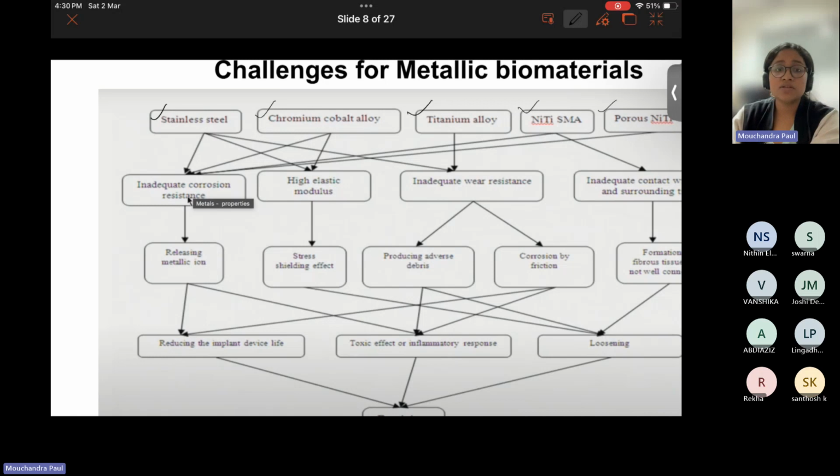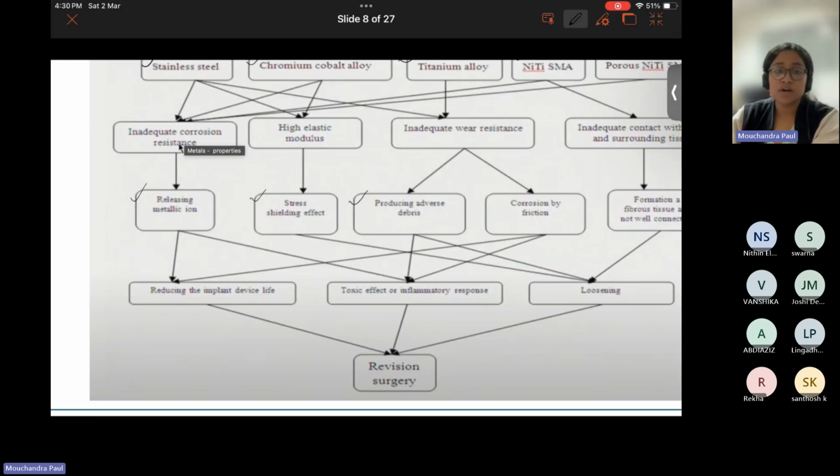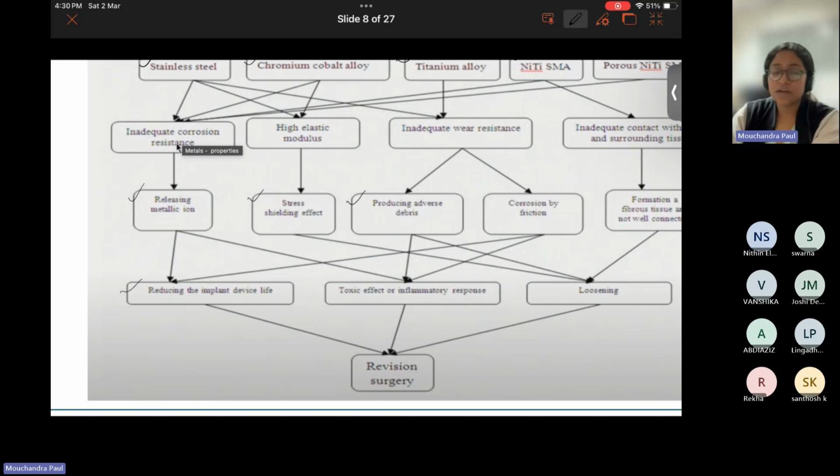It can also show the stress shielding effect, and in the body there can be metallic debris floating inside. That in turn can lead to a reduction of implant life inside the body. The implant will fail much earlier than intended.